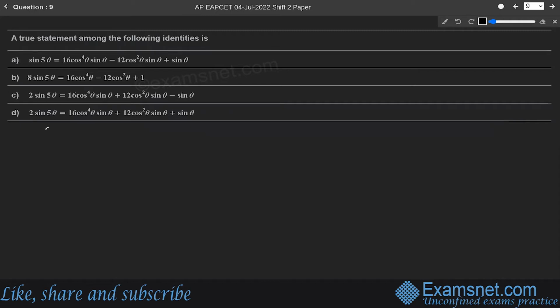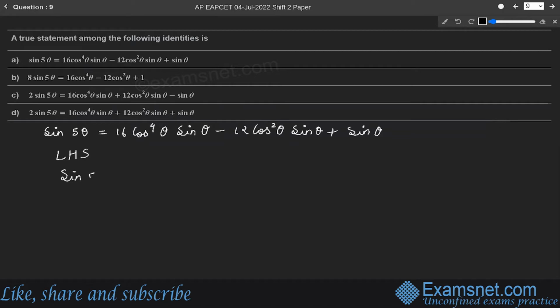The first option is sine 5 theta is equal to 16 cos power 4 theta into sine theta minus 12 cos square theta into sine theta plus sine theta. We have to prove both the parts, LHS and RHS. So first let us take LHS. Here LHS is sine 5 theta.